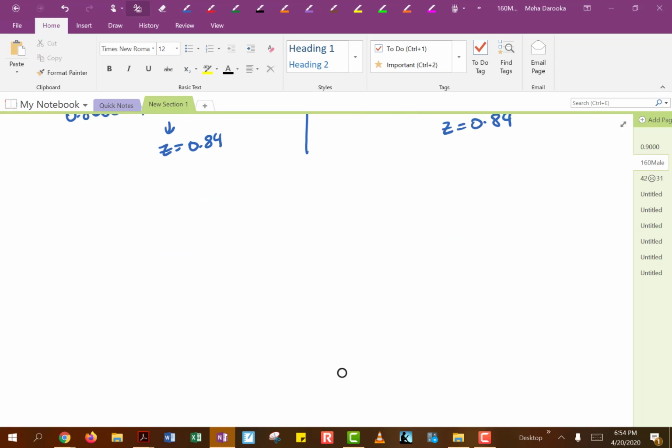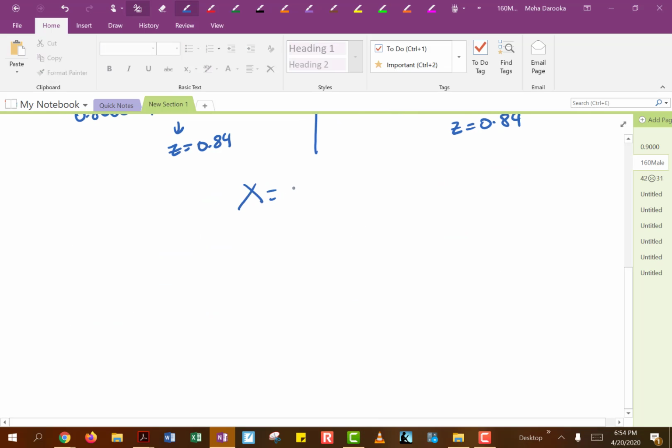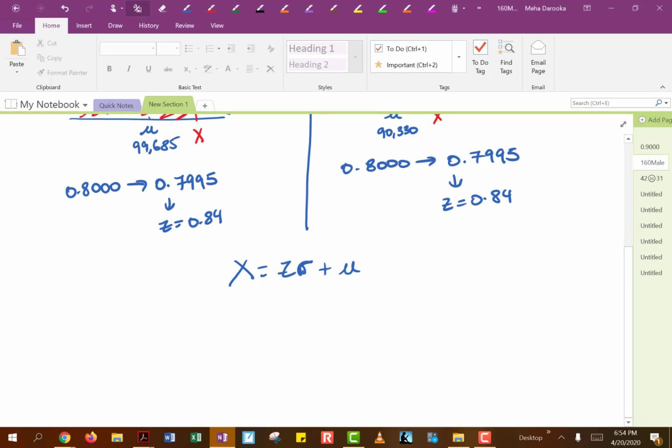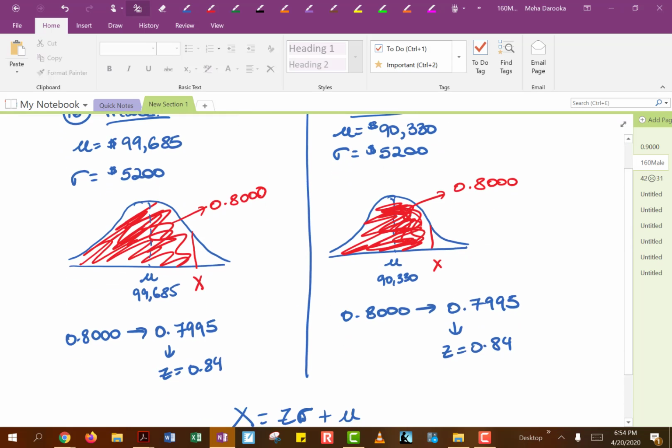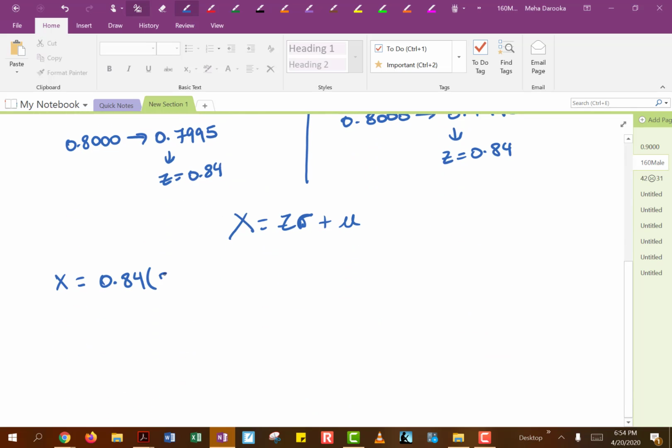Okay, so to find our x value, we are going to be using the same formula we saw before. So this is z times sigma plus mu. We need to do this for each of our groups, for the male and the female full professors. So let's start with the male professor. Our z-score is 0.84. Remember, your sigma is 5,200.